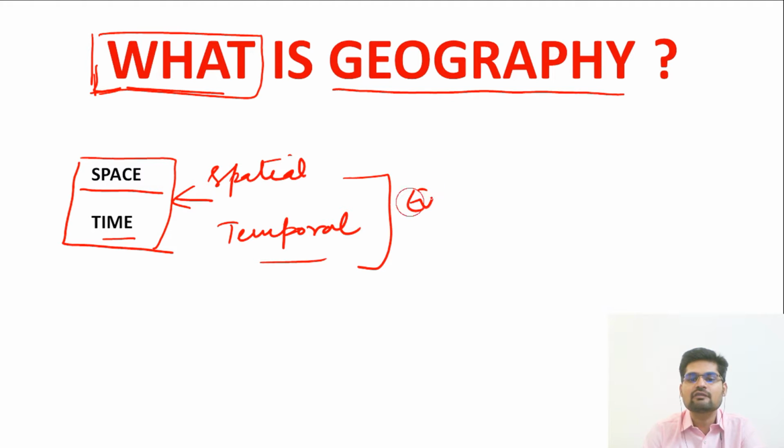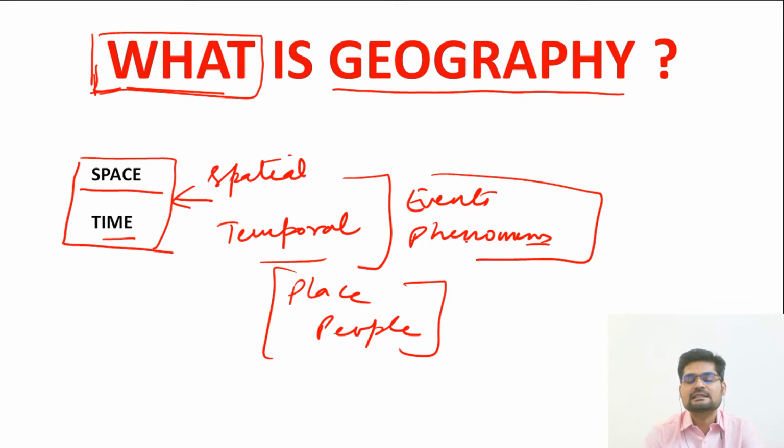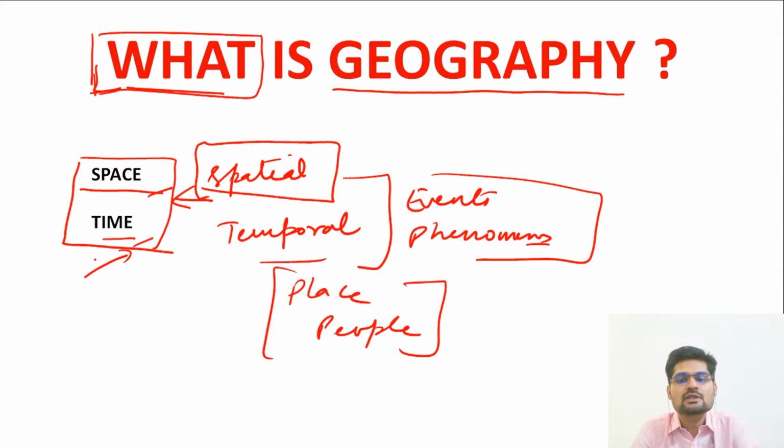Of the events, or what we say as phenomena, right? Or any particular place, people. All these associations that we see, we study in terms of space and time. We study the spatial distribution as well as temporal distribution.